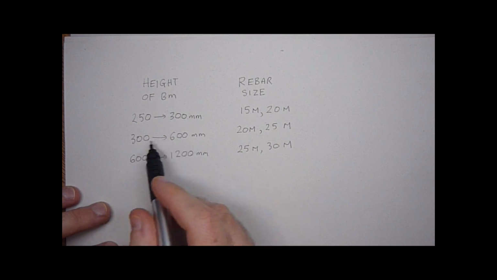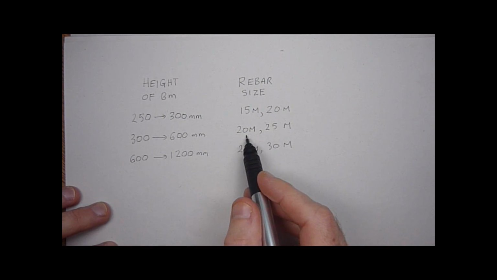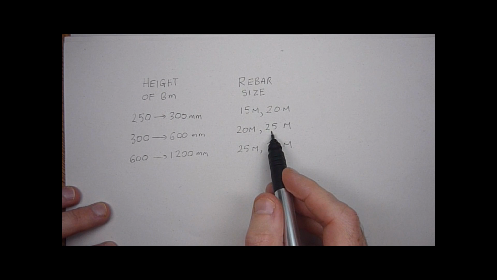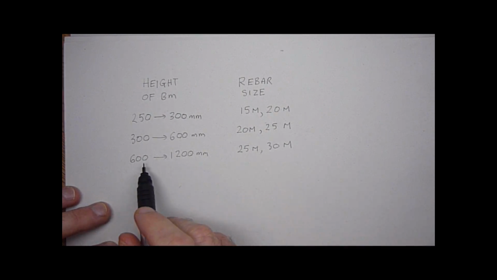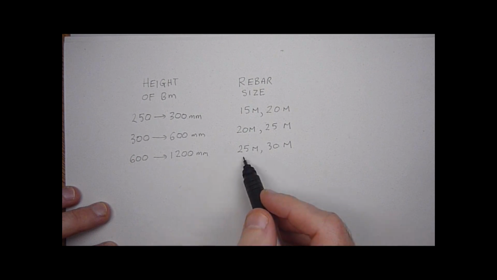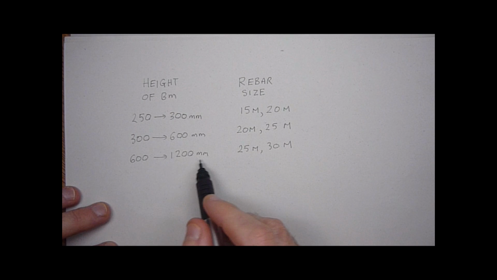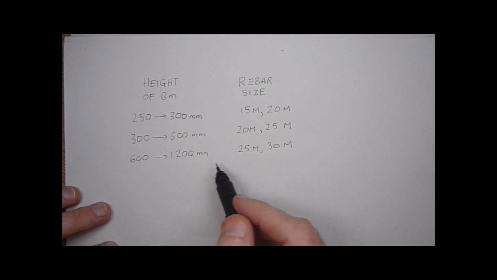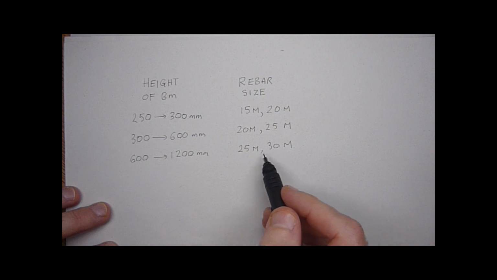For beams in the 300 to 600 range, try selecting 20 Ms to 25 Ms. And when you get into larger beams, all the way up to 1200 millimeters, you may want to use 25 to 30 Ms. So 1200 millimeters, for example, like a deep grade beam, you'd be using these kind of rebars.